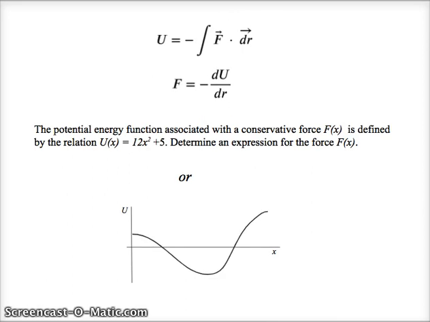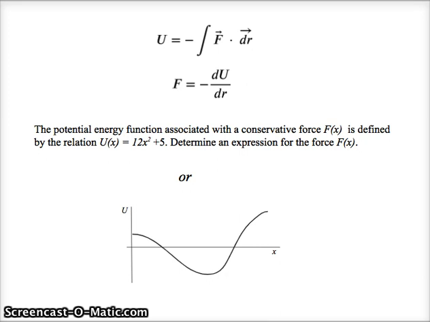The other way to look at this is to flip that integral around. If U is the negative integral of F dr, then F is the negative derivative of U with respect to r. And so if we're given a potential energy function, like this one here, 12x squared plus 5, we can determine a force function by taking the derivative, 24x, and then multiplying by negative 1.